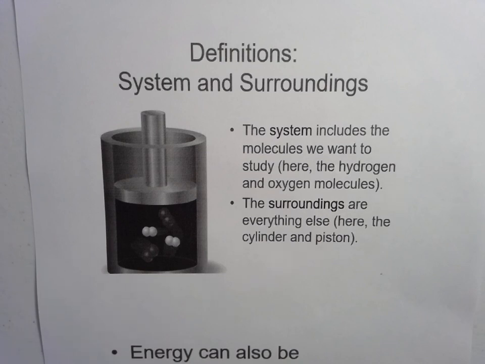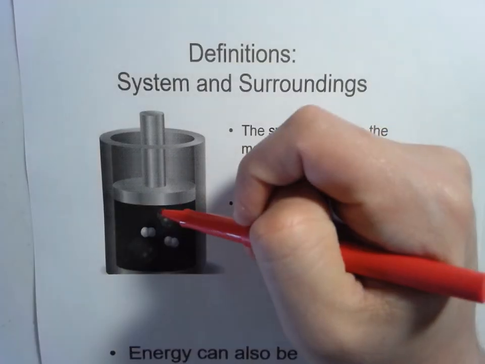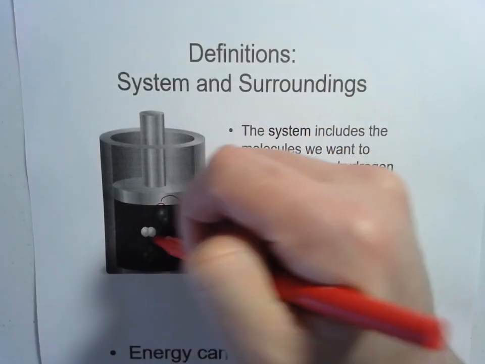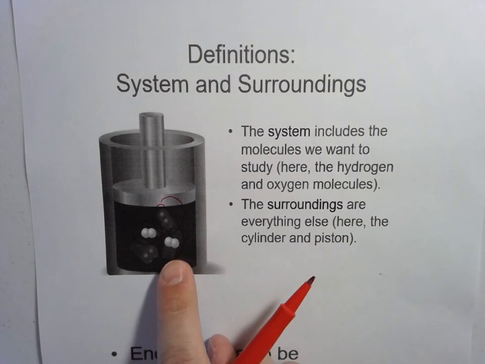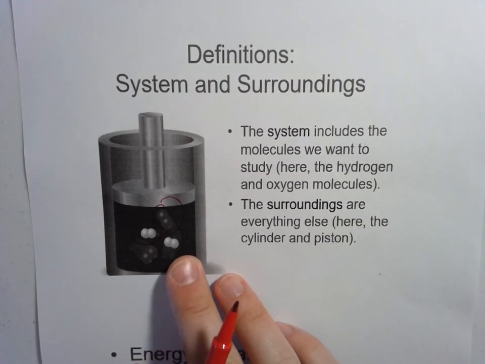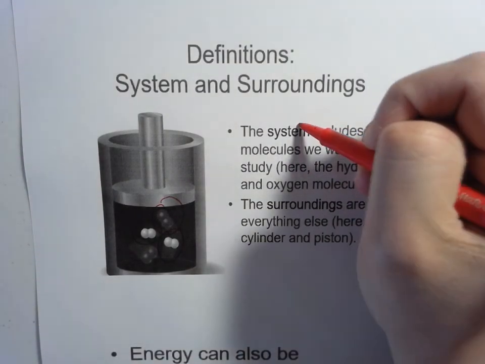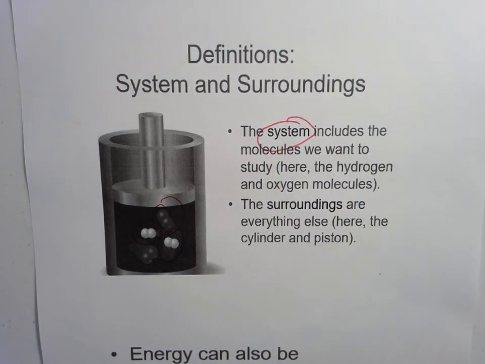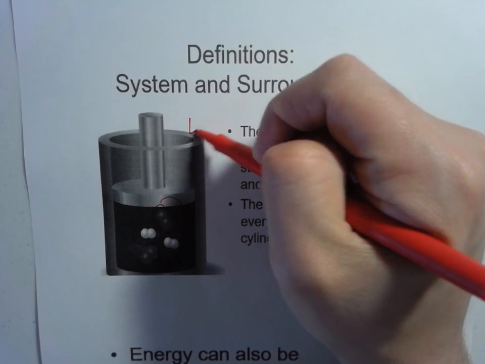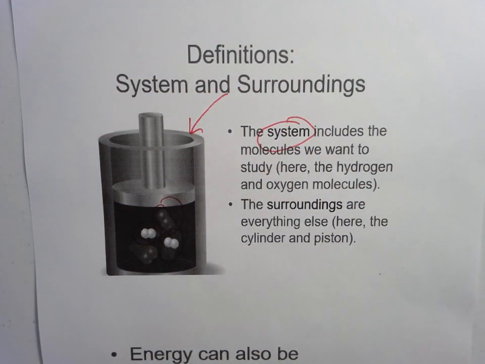On this diagram, we've got some molecules in this cylinder. These molecules being studied are classified as the system, and the cylinder, the piston, and everything else is the surroundings.